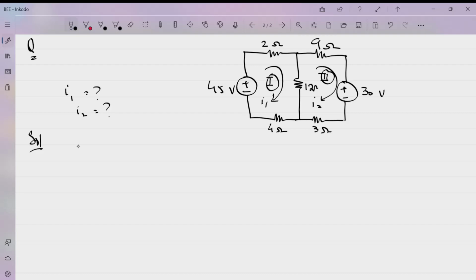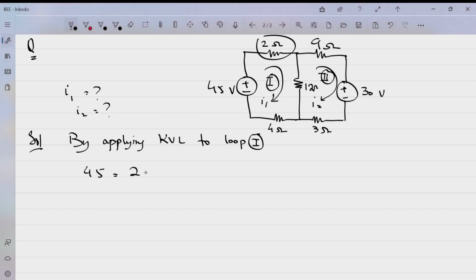So by applying KVL to loop number 1, 45 volts is equal to, through the first resistance, 2 into I1 is the voltage drop.